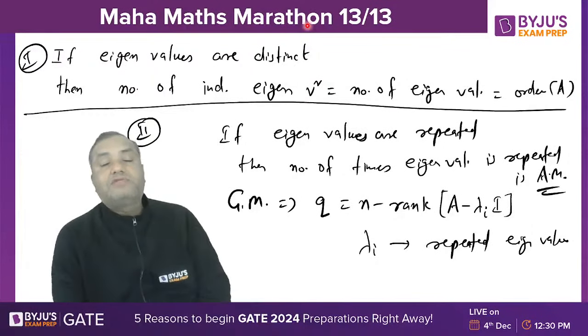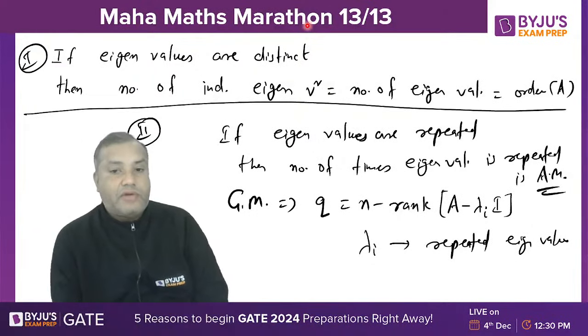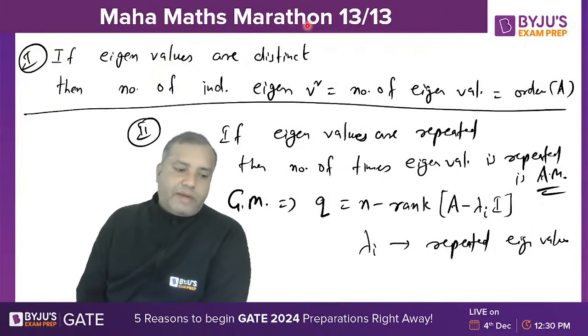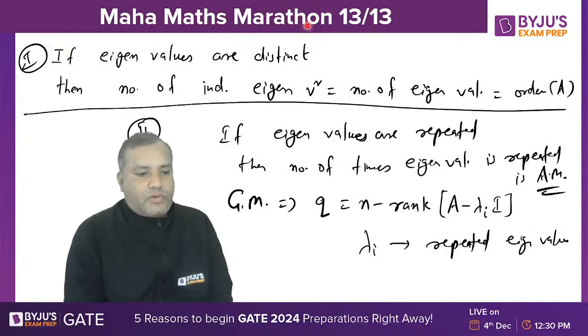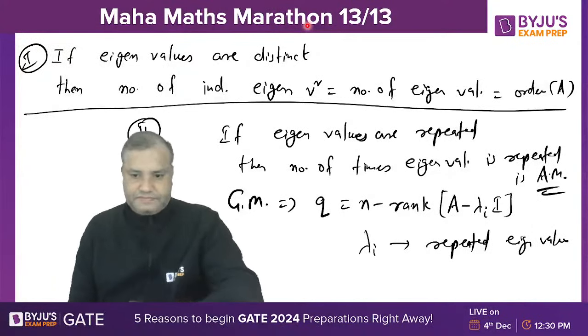But if eigenvalues are repeated, then this matrix will be diagonalized only when AM equals GM. So a matrix with repeated eigenvalues can only be diagonalized if AM equals GM.